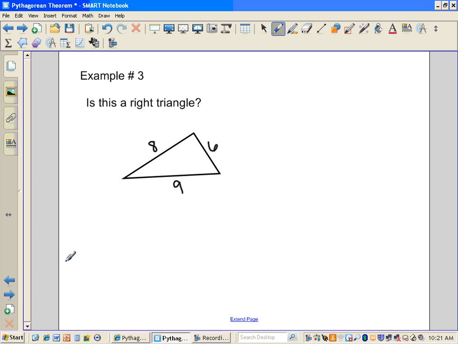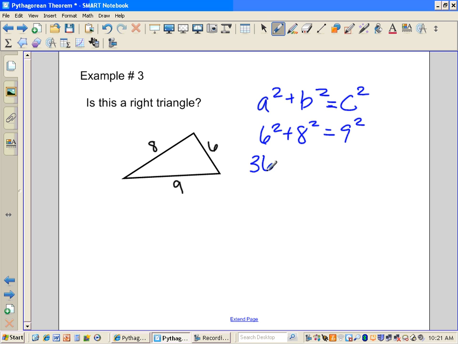The last example: is this a right triangle? Since we know a squared plus b squared is supposed to equal c squared, if we have three sides but don't know if it's a right triangle, then the relationship should work. Is 6 squared plus 8 squared equal to 9 squared?